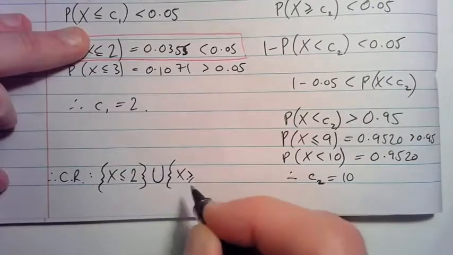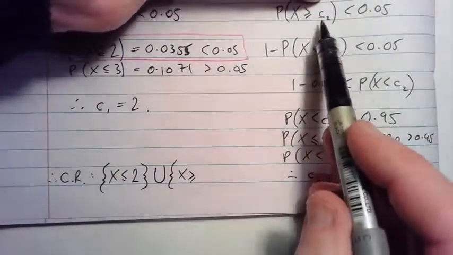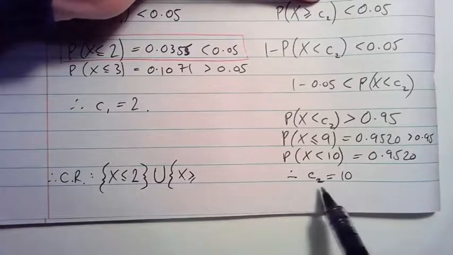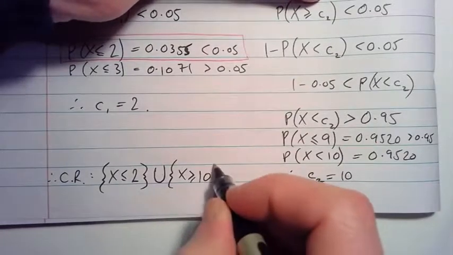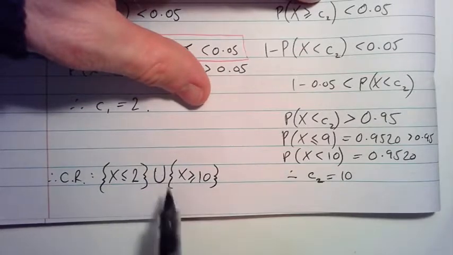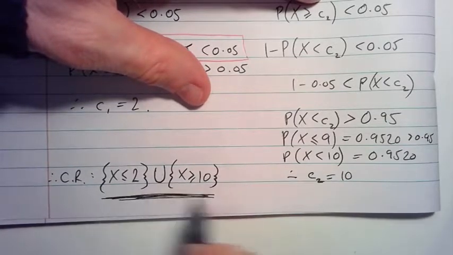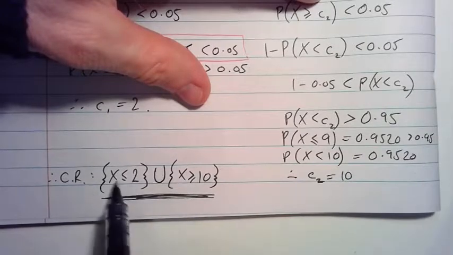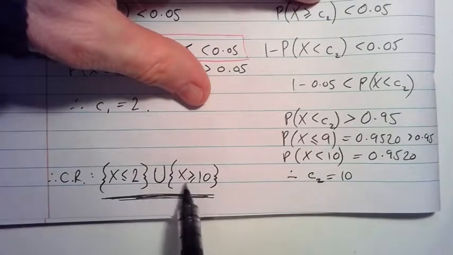On the high side, we can have x greater than or equal to C2, where C2 is 10. And this is written in set notation with the union symbol there, linking the two together. So the critical region is either x less than or equal to 2 or x greater than or equal to 10.